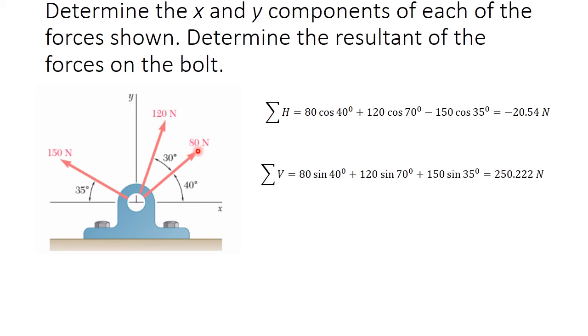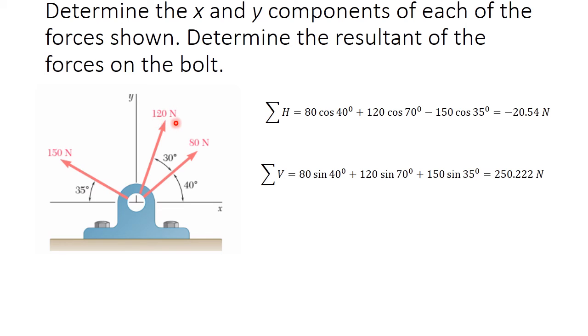So the 80 Newton, if I resolve it along the x and y axes, mark the direction: towards the right, positive; towards up, positive. 80 Newton is at 40 degrees with the x axis, so the x component will be the cos component and the y component will be the sine component. So 80 cos 40 is the horizontal force, 80 sin 40 is the vertical force, both positive. Getting it? Similarly, next is 120 Newton.